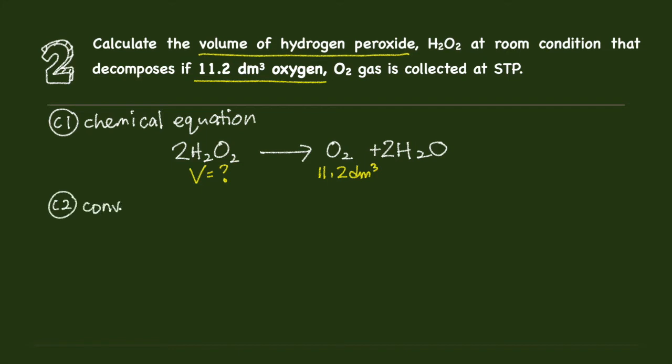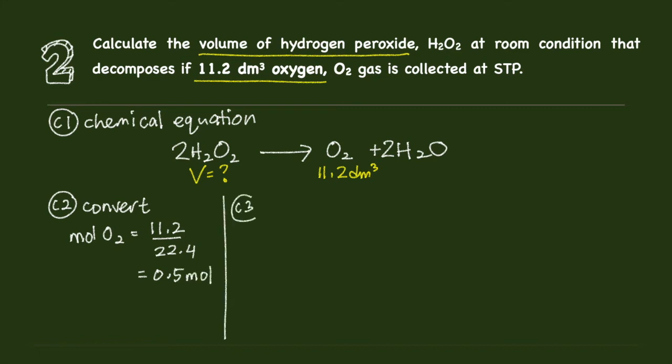C2 convert. We have to convert the information given into mole. Mole of oxygen equal to 11.2 over 22.4 equal to 0.5 mole. C3 is compare. Based on balanced chemical equation, 1 mole O2 ratio to 2 mole of H2O2.